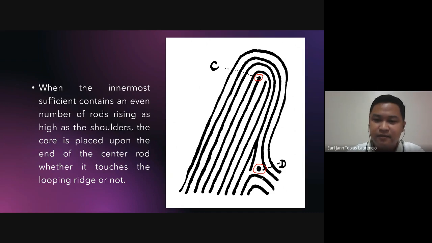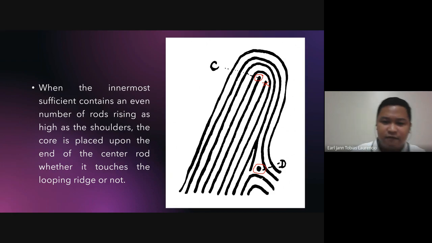Okay? So we will not choose this one. We will not choose the other rod, this, because it is near the delta. Therefore, we chose the rod, or the ending ridge, that is far from the delta of the fingerprint pattern.